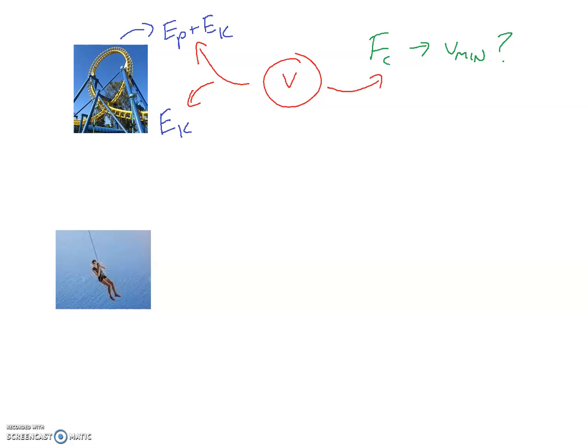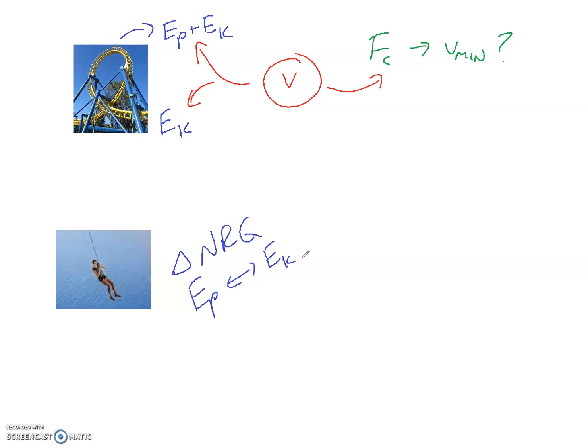As the person is swinging on a rope or whatever it is, they have a change in energy, whether it's potential or kinetic, going back and forth. Typically, swinging on a rope, you start with potential energy and it changes to kinetic energy, and then at the bottom of the swing, you've got tension on the rope or whatever you're using.